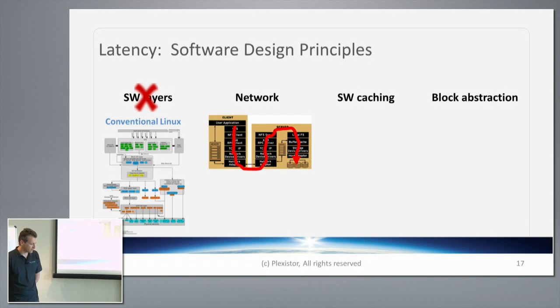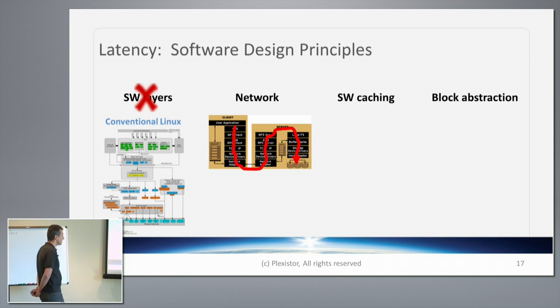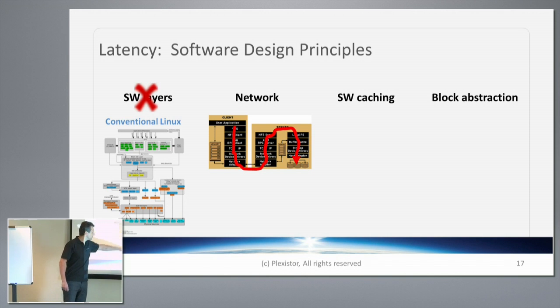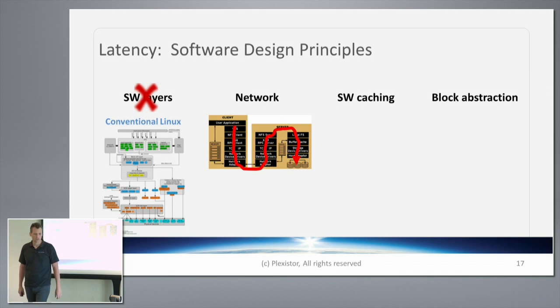And what that does is add the network latency, which is significant with hardware that has almost zero latency by itself, the storage media itself. And then it also adds multiple software layers, both on the client side and the server side, on top of what you have for the storage itself. So that adds a lot of latency as well, and you want to get rid of that.